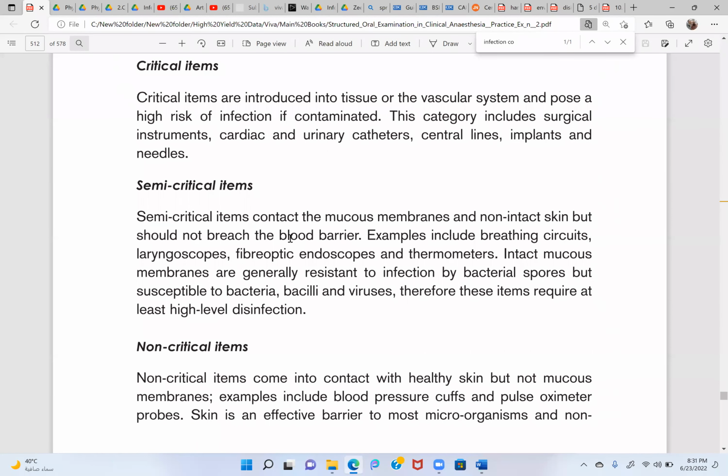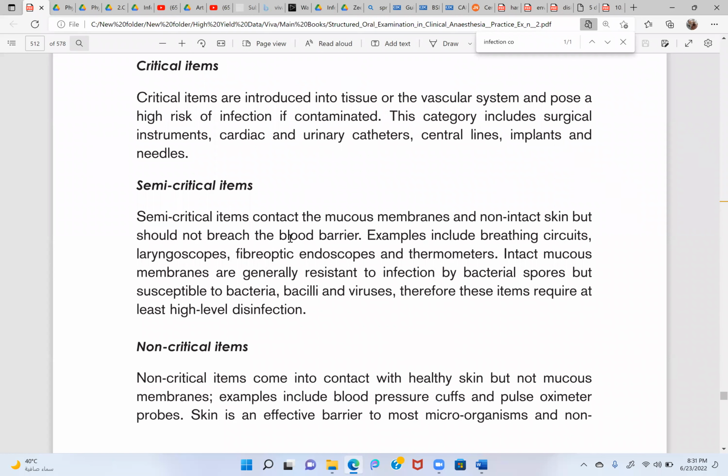Then semi-critical items, which may contact the mucous membrane and may not breach it. These include breathing circuits, laryngoscope, fiber optic endoscope, thermometers. They can breach, but usually they will not breach, but they can damage.